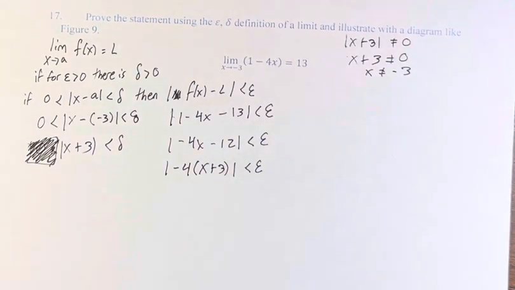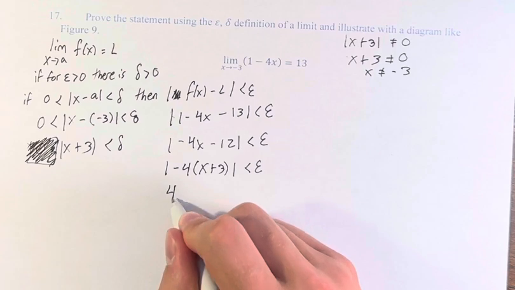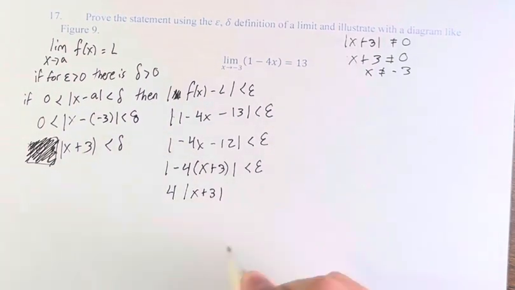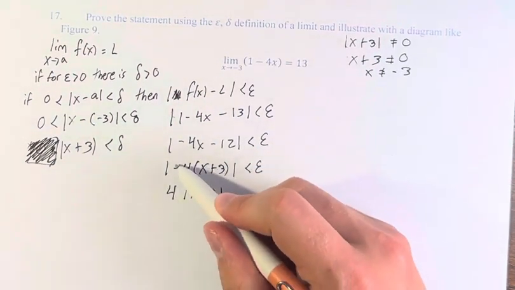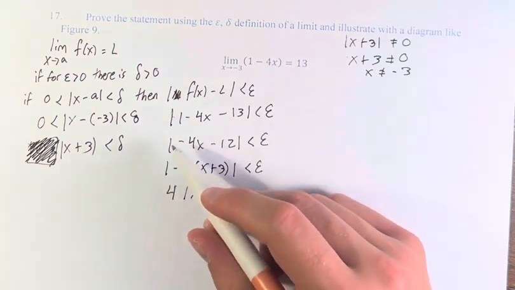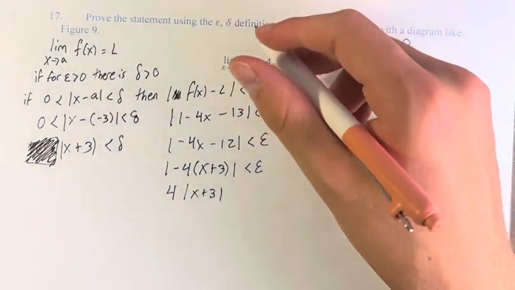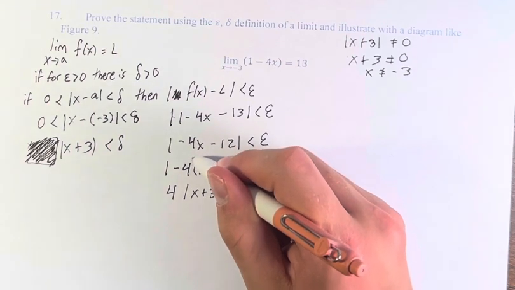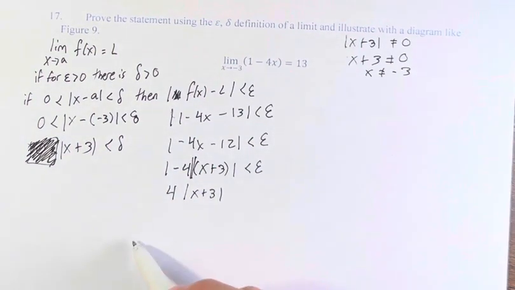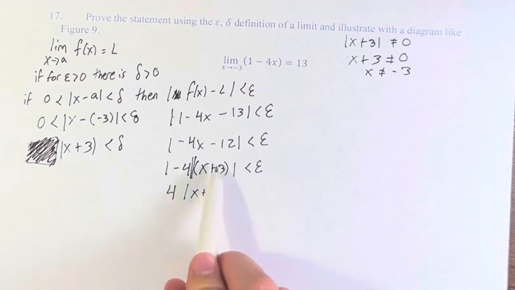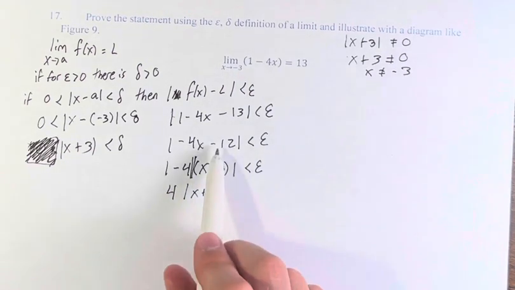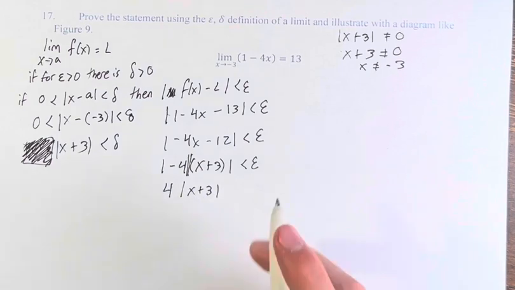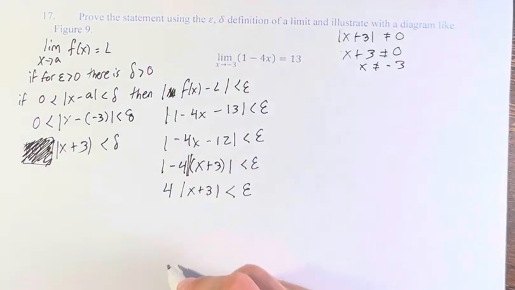This isn't equal to -4 times the absolute value of x plus 3. It's equal to 4 times the absolute value of x plus 3. Pulling out the negative, bringing it outside, we have to make it positive. Why? Well, we basically have to take the separate absolute value of these two things and then multiply them together, because this is positive, so this has to be positive. So this is less than epsilon.